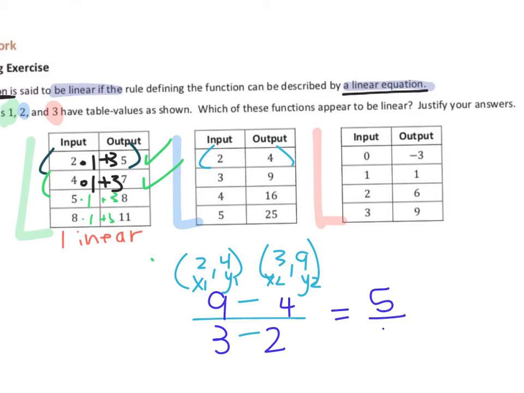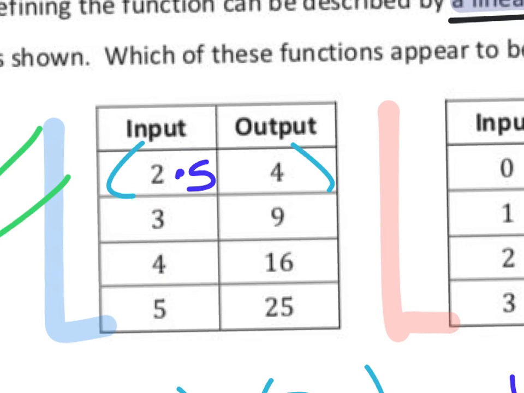So that would give me 5 over 1. y equals 5x. Well, 2 times 5 would be 10, but they got 4. Maybe they subtracted 6. 3 times 5 would be 15, but they got 9. Oh, they subtracted 6. So far, so good.